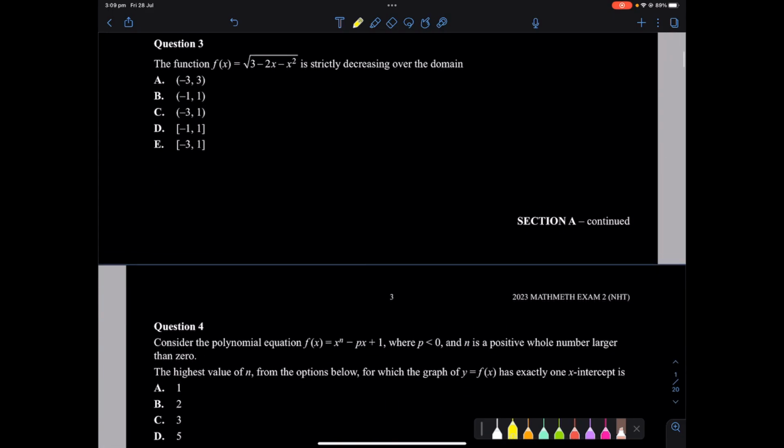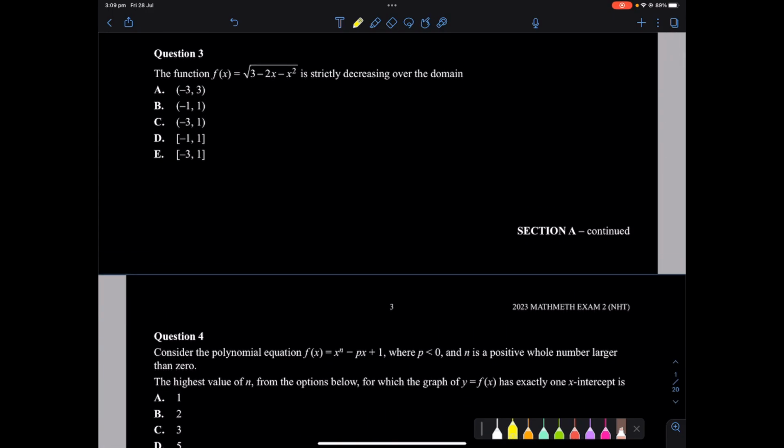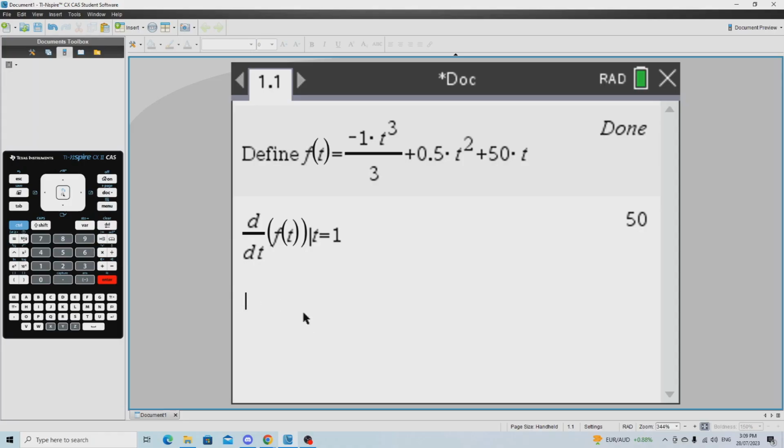Okay, question 3. The function is strictly decreasing over the domain. To find that, we're going to find f dash of x, and we want to solve when it's less than 0. So let's go on our calculator. Let's just press control N and make a new one.